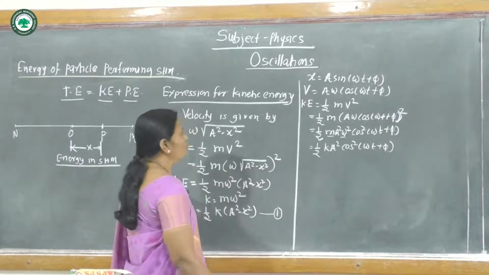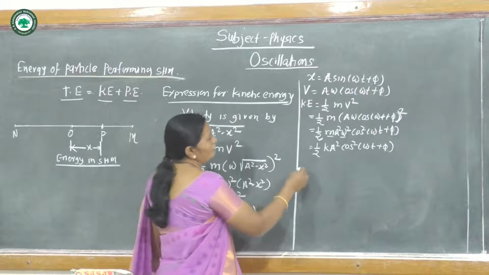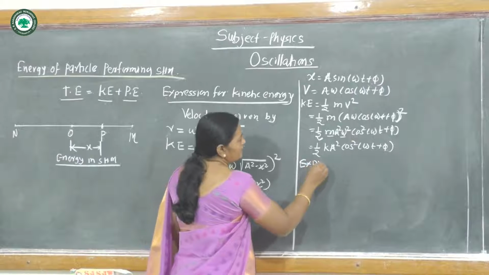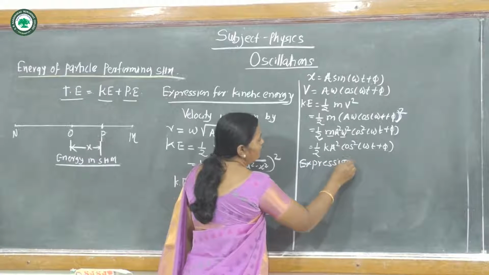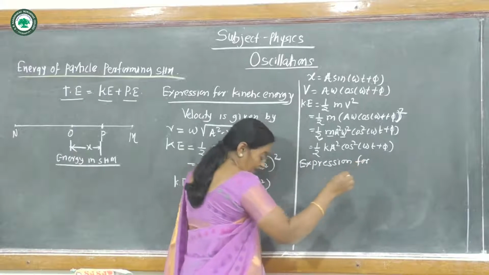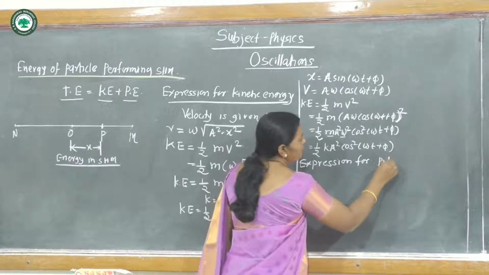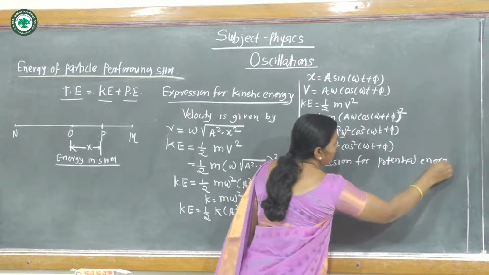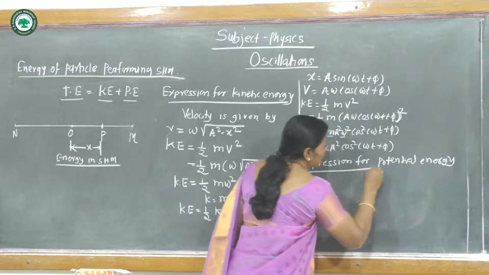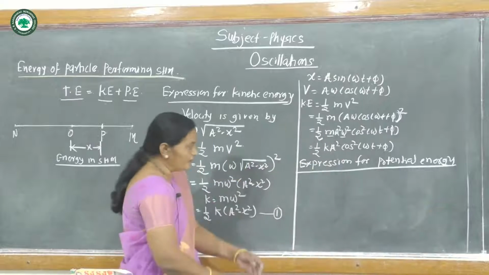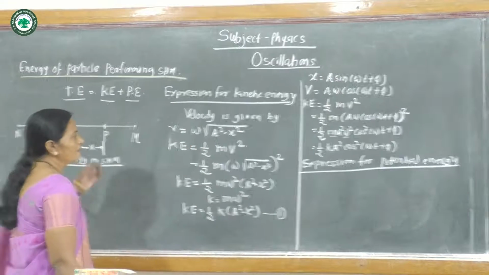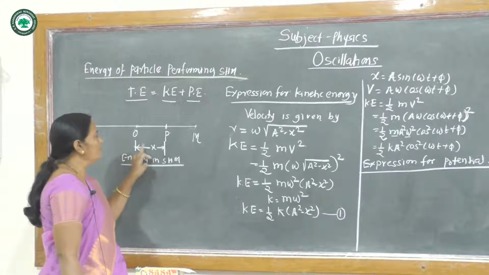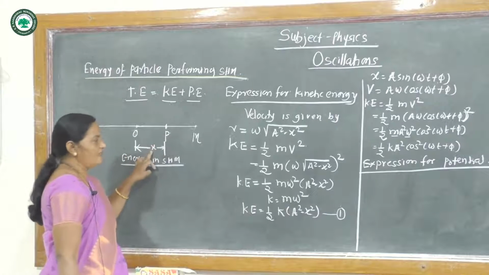Now we find the expression for potential energy. Here we consider the particle at point P at a distance x.